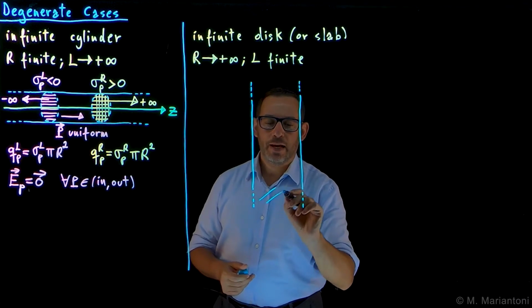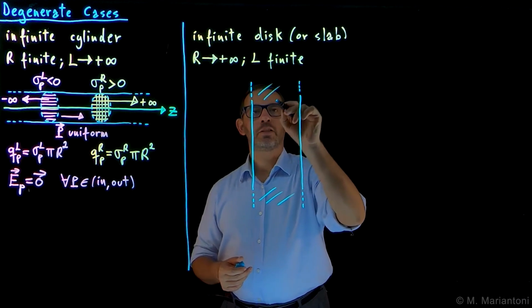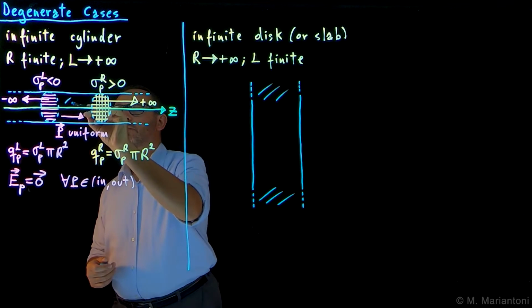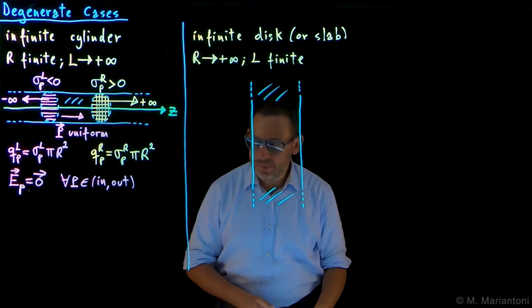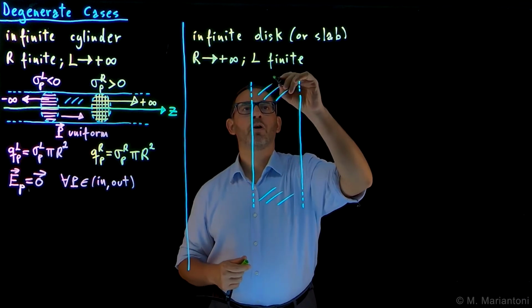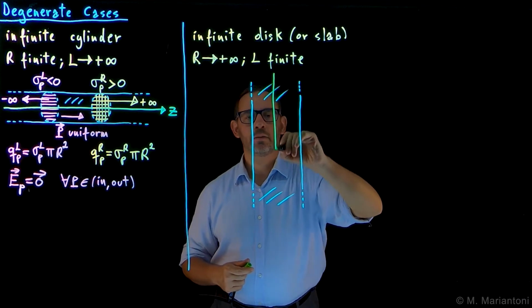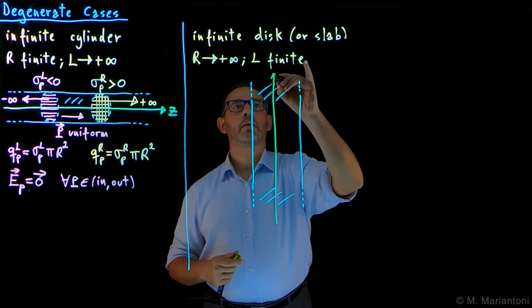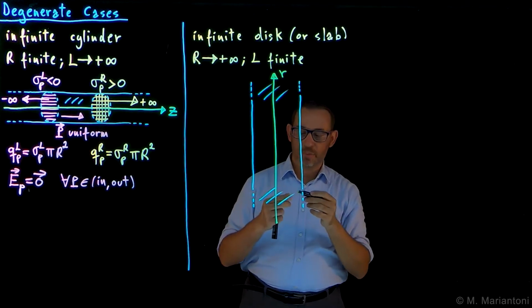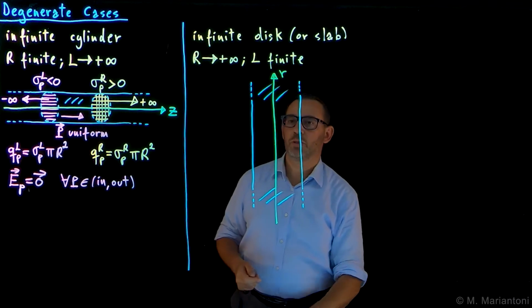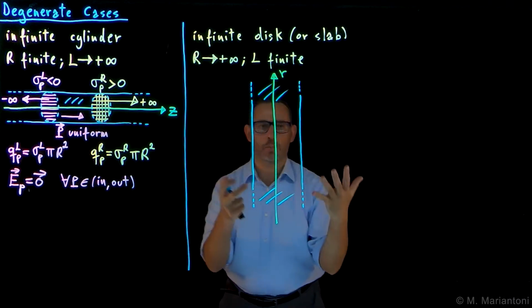So the material now is within this object. So again, we are going infinite along the radial direction R, as in the previous video. Since we're doing the degenerate case, it makes sense to do so.